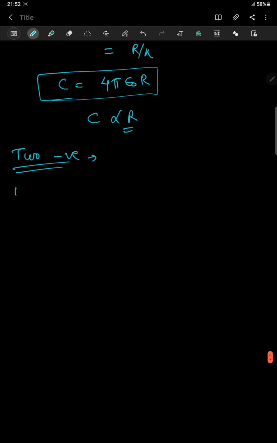Let us see. The first negative is, suppose you consider earth. We usually consider earth as a sphere. And what is the radius of the earth? It is almost 6400 kilometer.